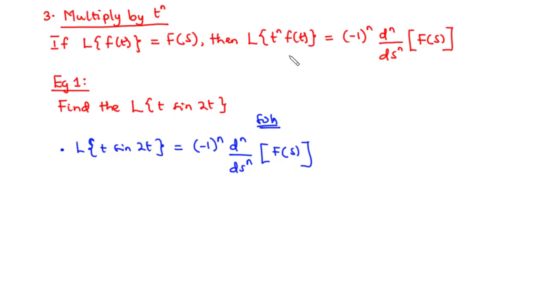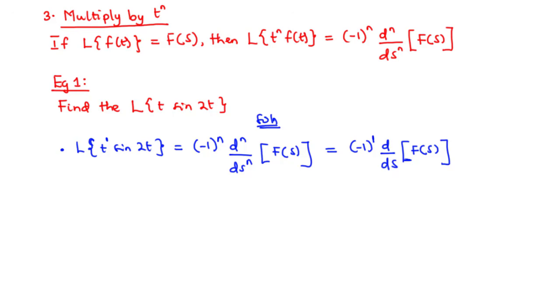Now comparing these two Laplace transforms, you realize that n here is equal to 1, and then f of t is equal to sine 2t. So since n is equal to 1 here, then this is equal to negative 1 exponent 1 times d/ds of capital F of s.